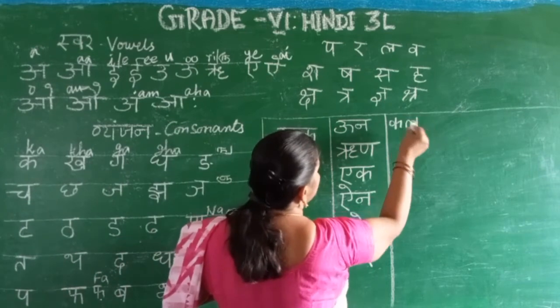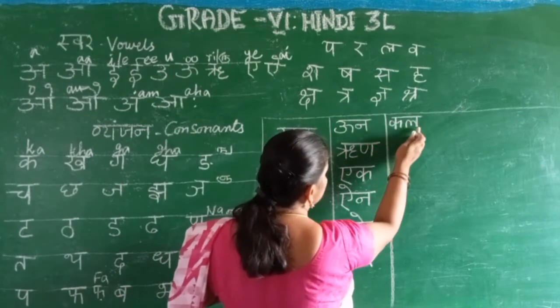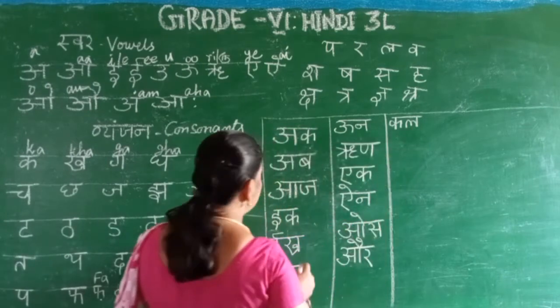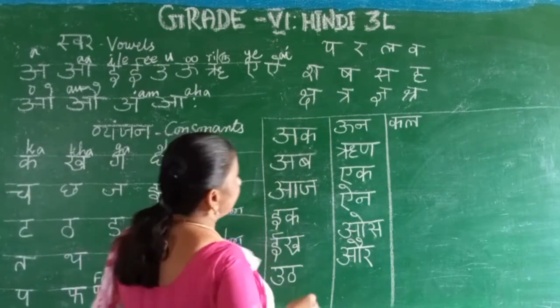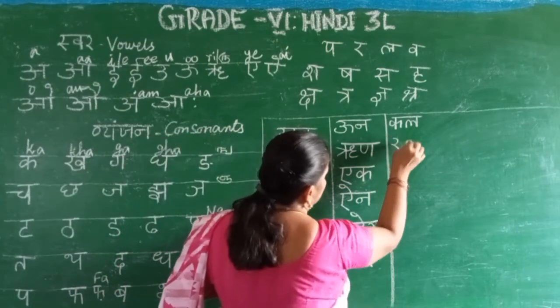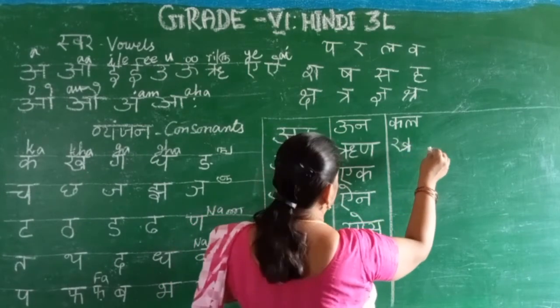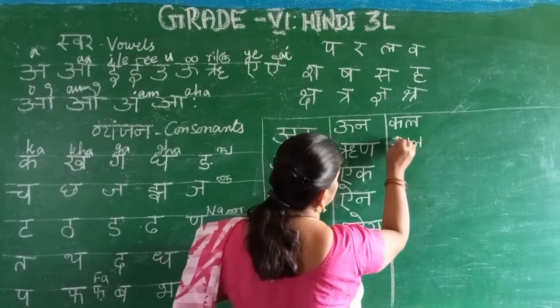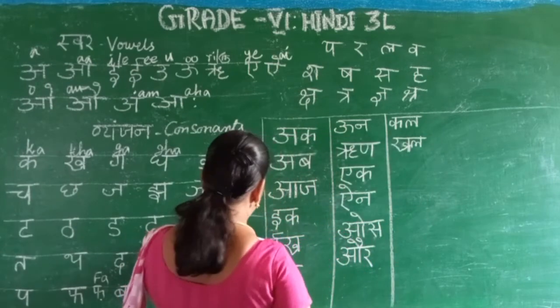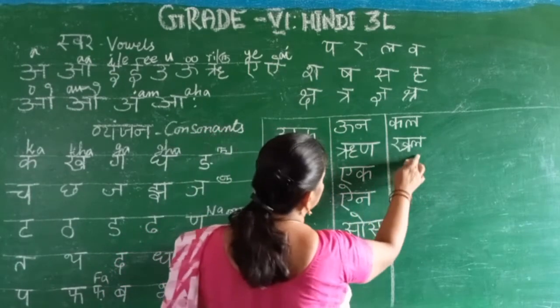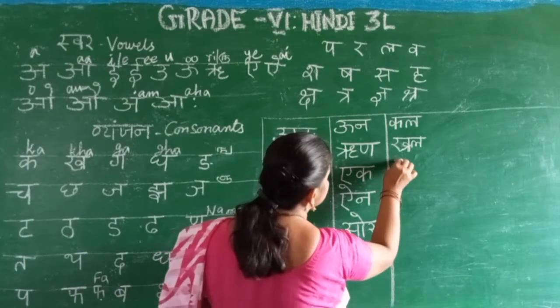This letter la. Ka, la, kal. And next consonant what? Kha. Kha, la, khal. The same. And khag word also is there.